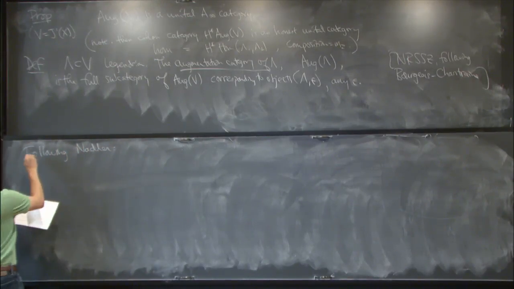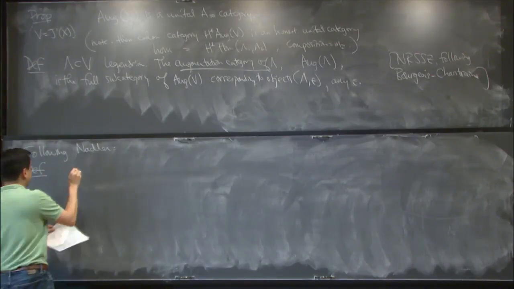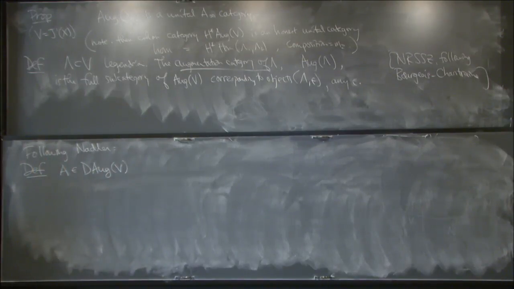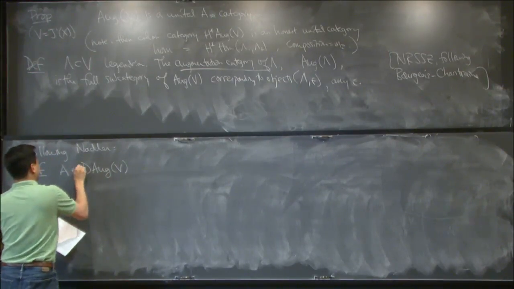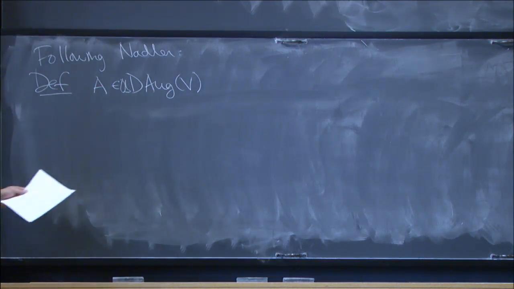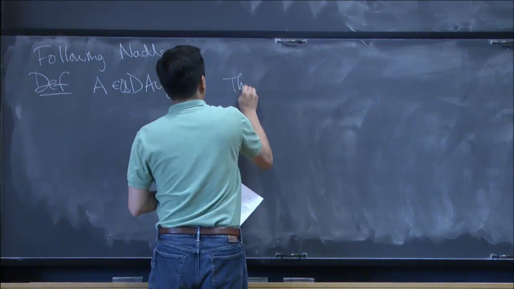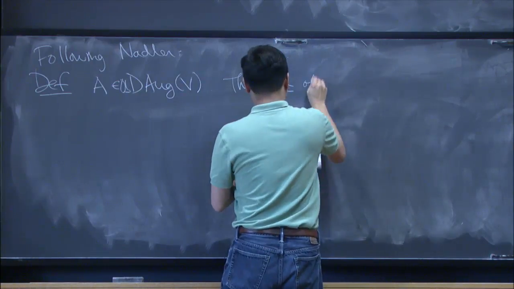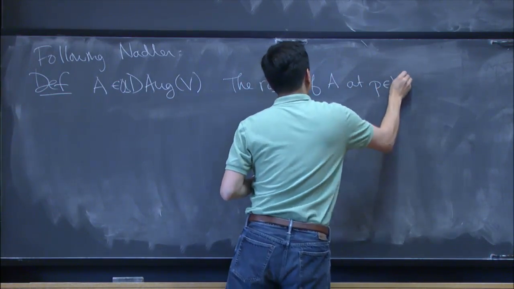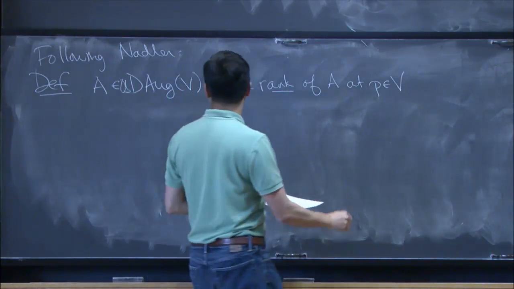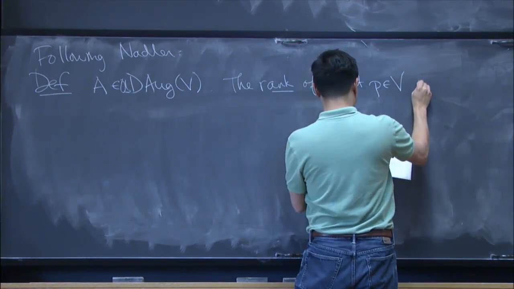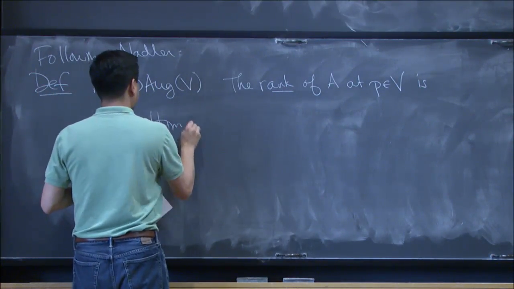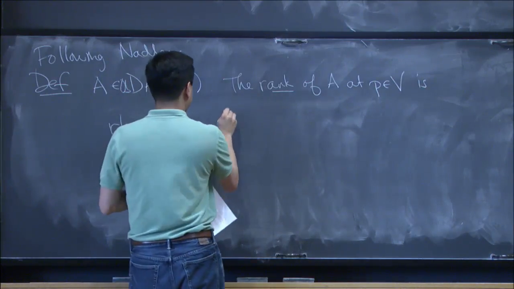Following work of Nadler, here's a definition. This definition is going to seem a little bit weird as well. Suppose that we have some twisted complex, which I'll now write as A. It's an object in this derived category. The rank of A at a point P inside of V: if you have a point inside of your contact manifold V, the rank is the rank of hom in this derived augmentation category.